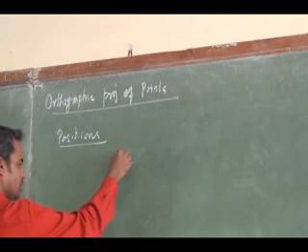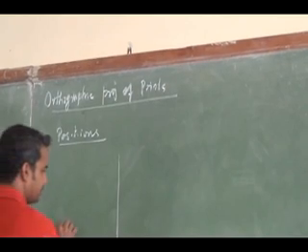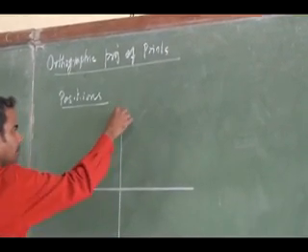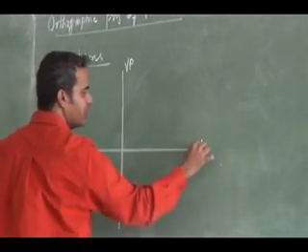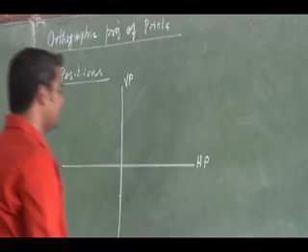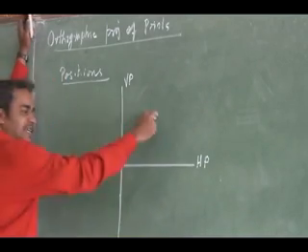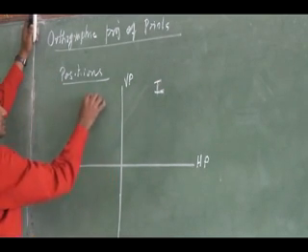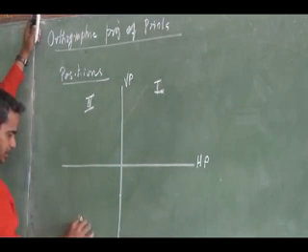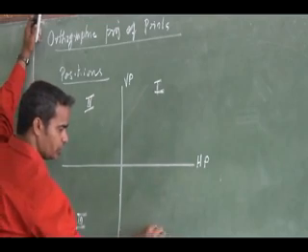See, two-dimensional algebra, you know. This is the vertical plane. This is the horizontal plane. Whatever point I am placing in this quadrant, you know this is the first quadrant, this is the second quadrant, third and fourth quadrant.